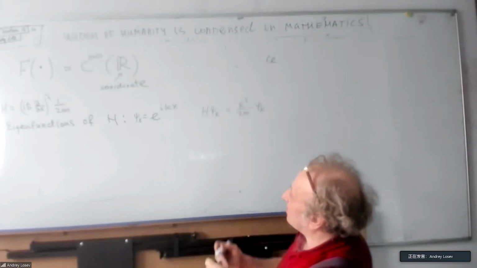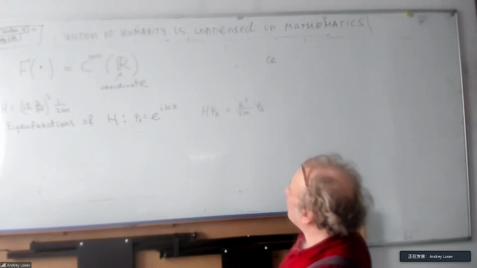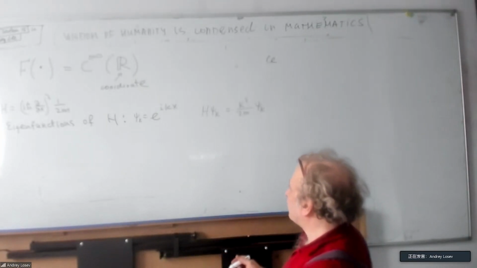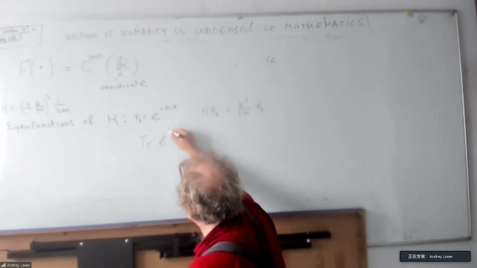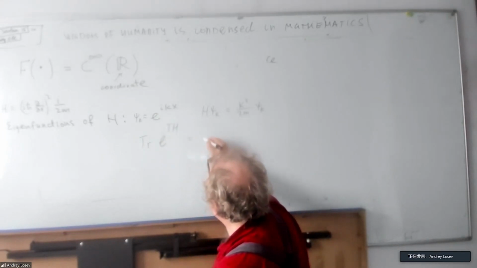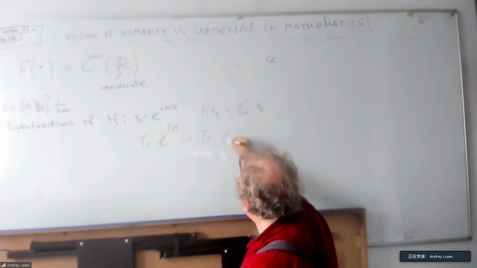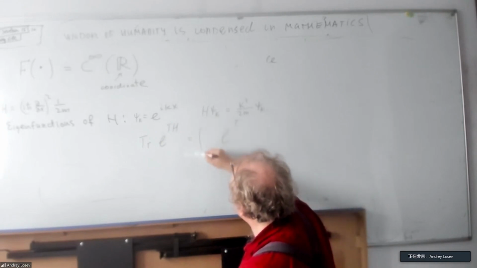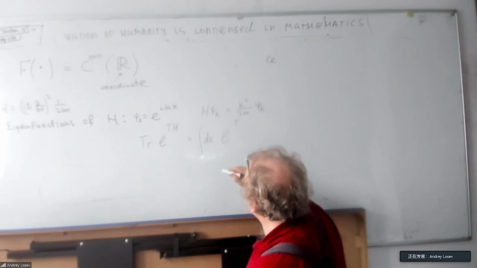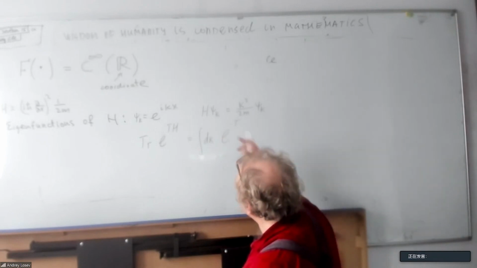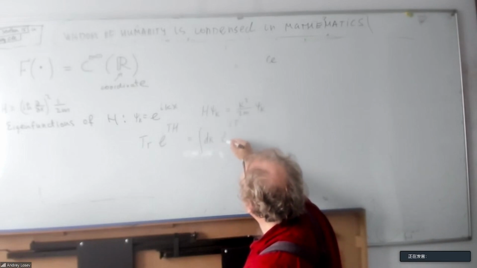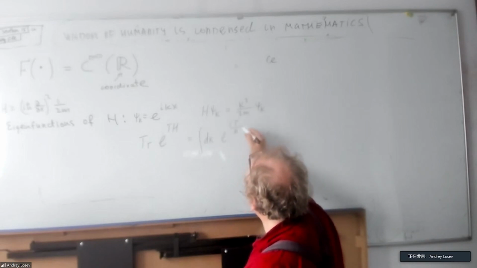So now, what I'm going to do? I'm going to compute the trace. Trace of e to the tH is the trace of e to the t. So it is an integral over k. And here I have i t over h.